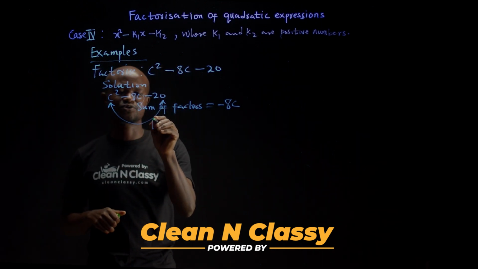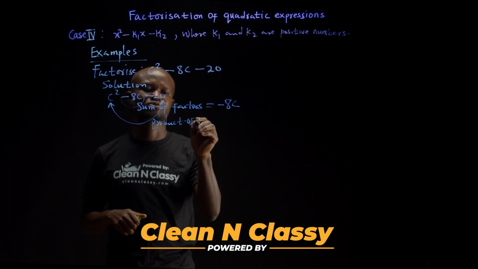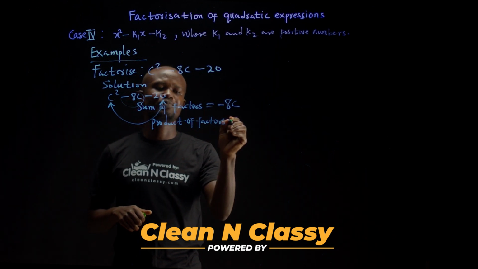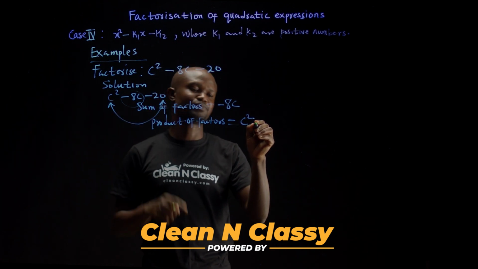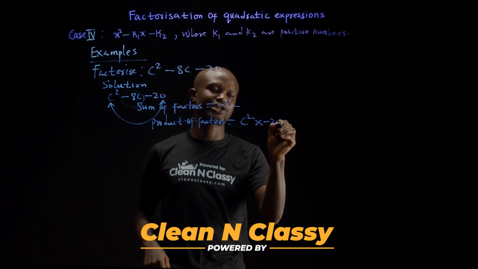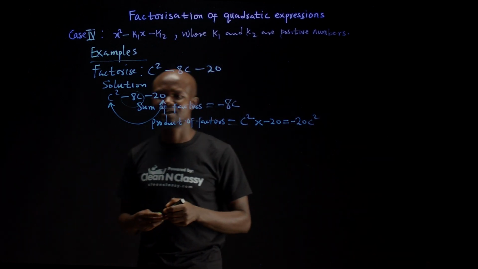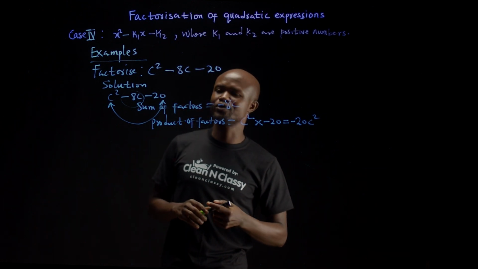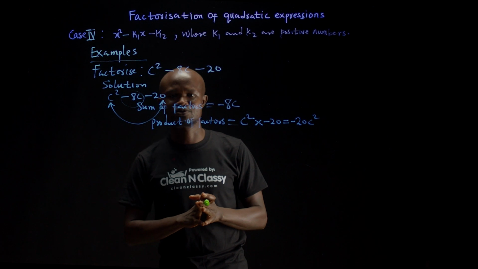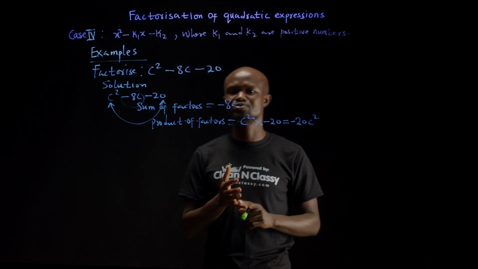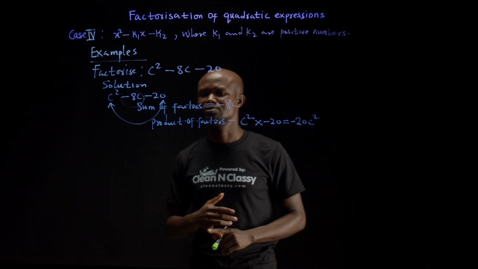The product of factors is going to be c squared, the first term, multiplied by the third term, minus 20. So we have minus 20c squared. Now, the next thing is to get our factors, and we should know that one should be positive and the other one should be negative.